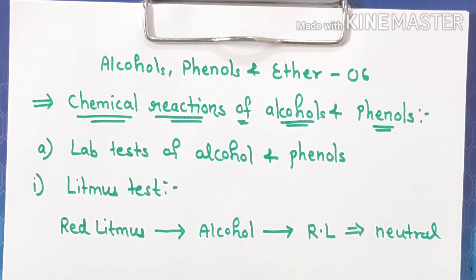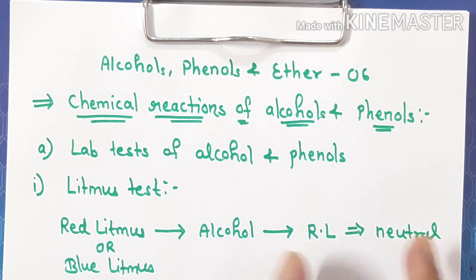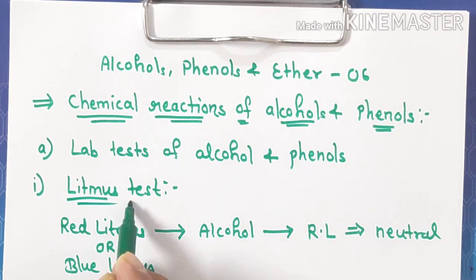Suppose instead of red litmus I take blue litmus, and again I put this blue litmus in alcohol. The result was found to be the same in both cases. That means alcohol is neutral in nature as far as the litmus test is concerned.